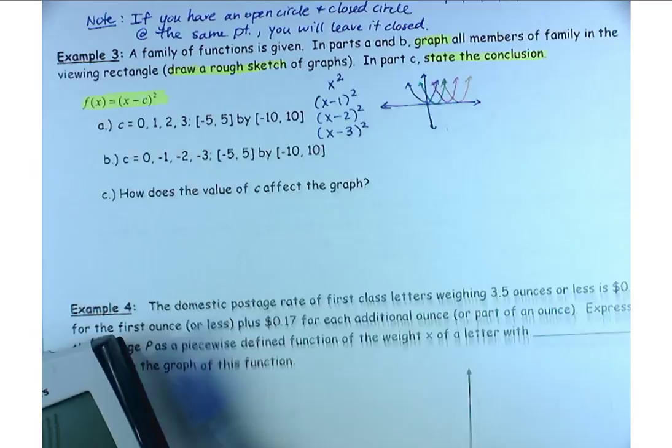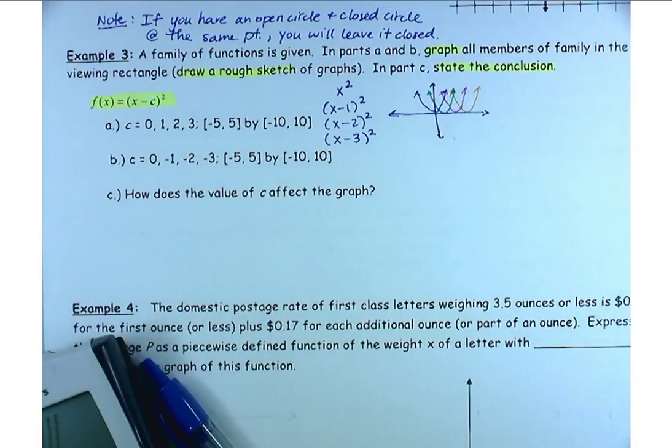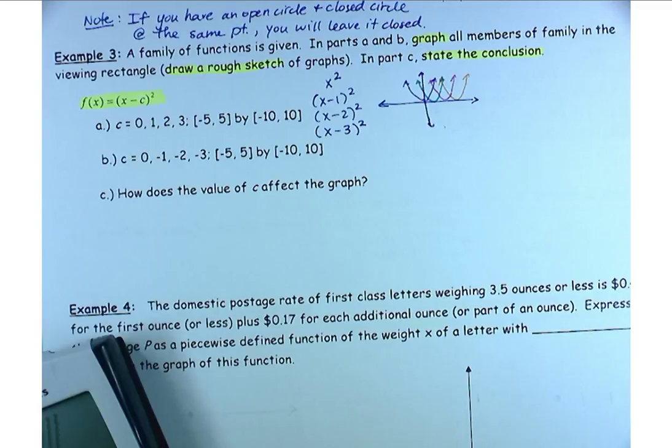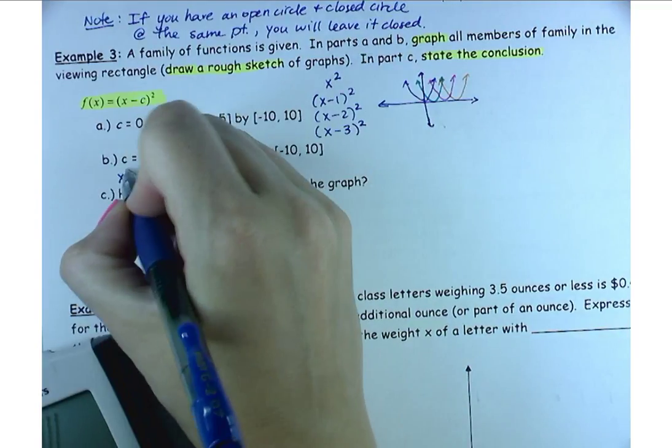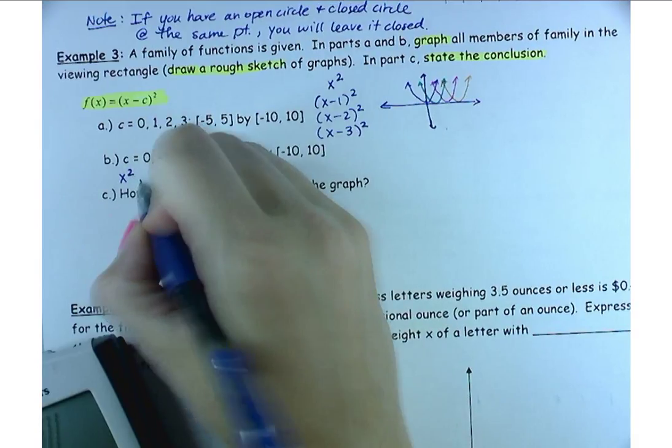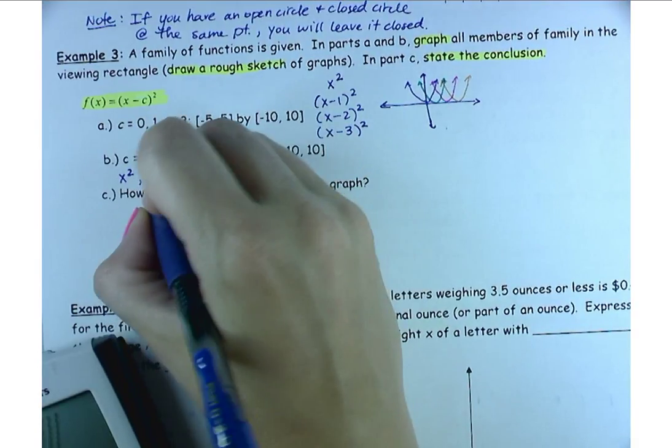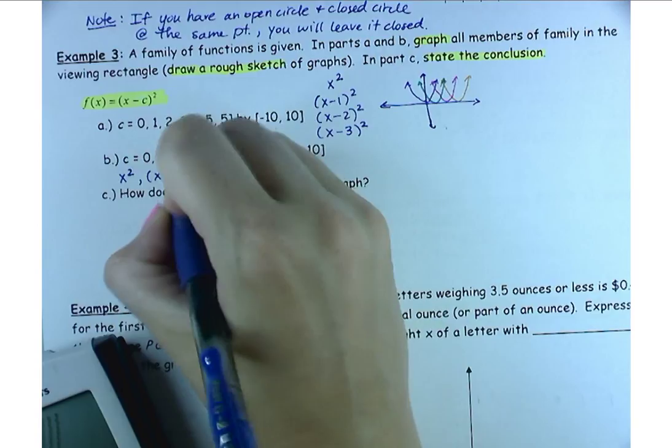Now, for the second one, what do you think is going to happen when you plug in the negatives? Yeah, it's going to shift the other way, right? Okay, so for these, I would have x squared. What happens when you do minus a negative? Turns into plus.